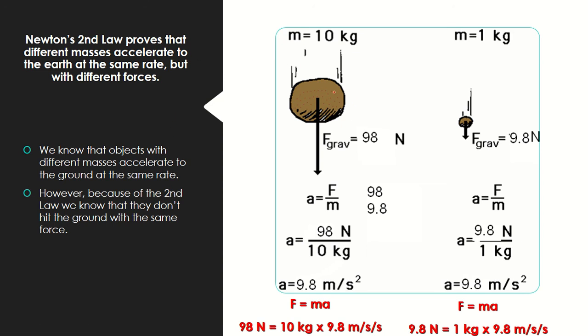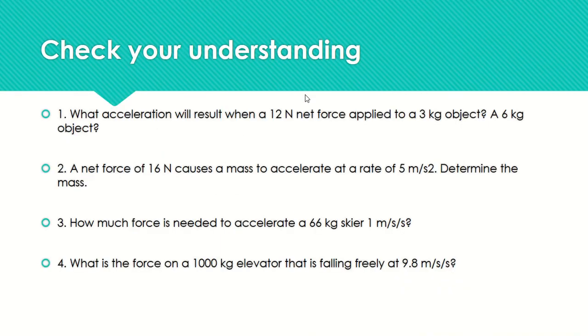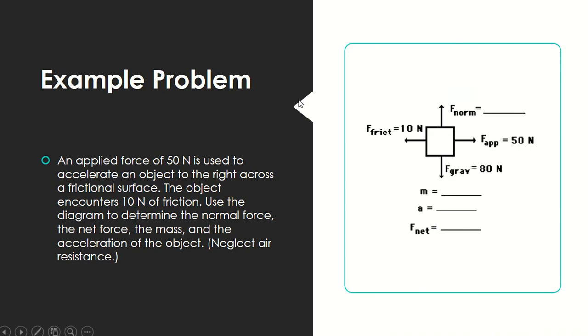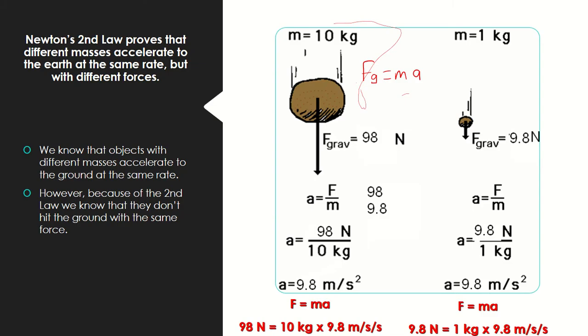So if we look at a 10 kilo mass, the force due to gravity pulling on it is mass times acceleration, mass times gravity, which is the 10 kilo mass times 9.8. So it's a 98 newton force pulling down on this 10 kilo rock.